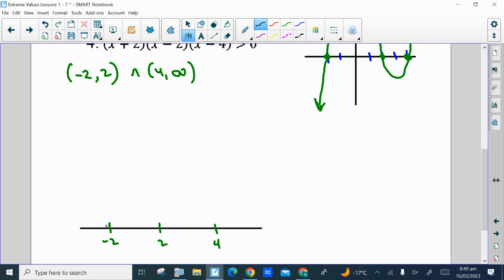So again, between -2 and +2, so open dots there with a line in between, and then greater than 4, again an open dot with a line and an arrow going to the right. So there's those solutions.